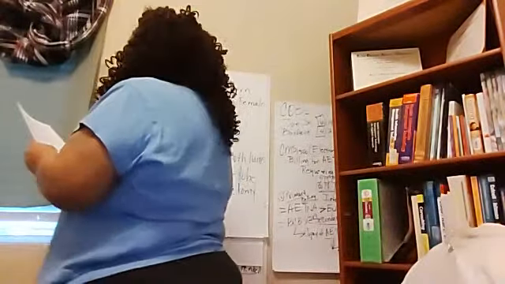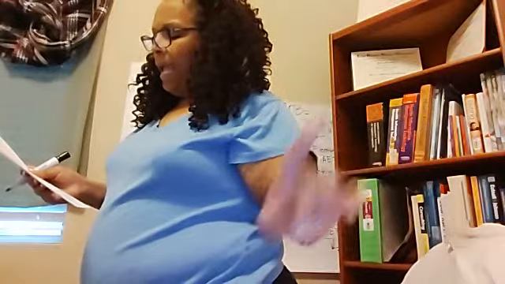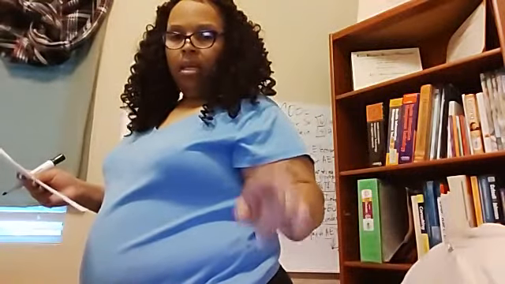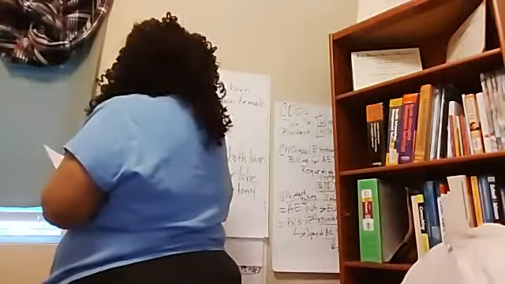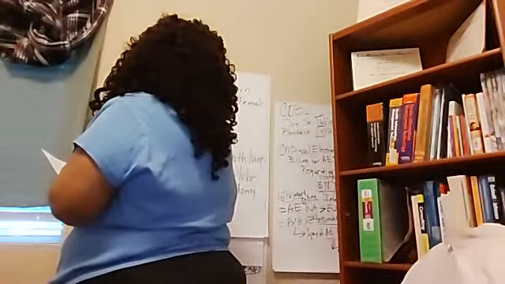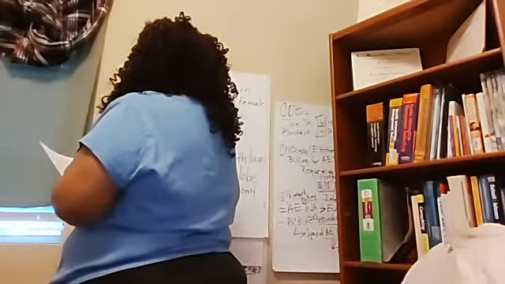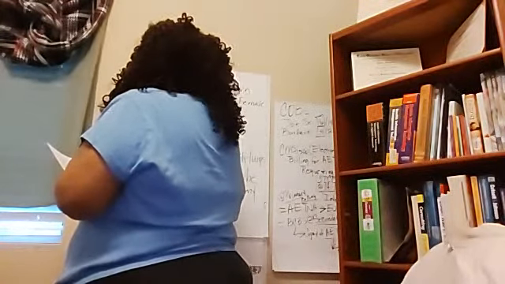It's on the coding sheet that you gave me, for number 3: Z3A.39, comma, Z37.0. Look at that. Okay, I have it right here. I'm ready.